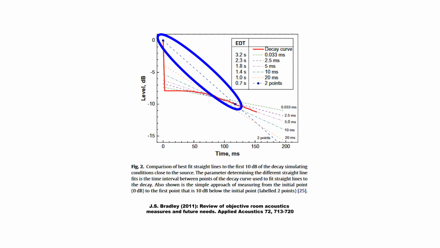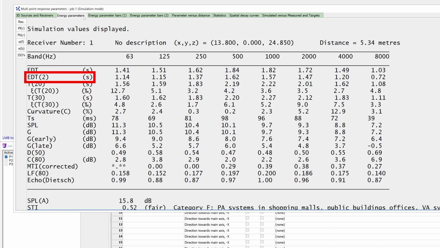So, the calculation of EDT without a regression will soon be updated in ISO 3382 Part 1. The EDT2 parameter corresponds to EDT calculated without a regression, so it is ready for use for when the standard is updated. Reverberation parameters will only be valid if you had only one active source.